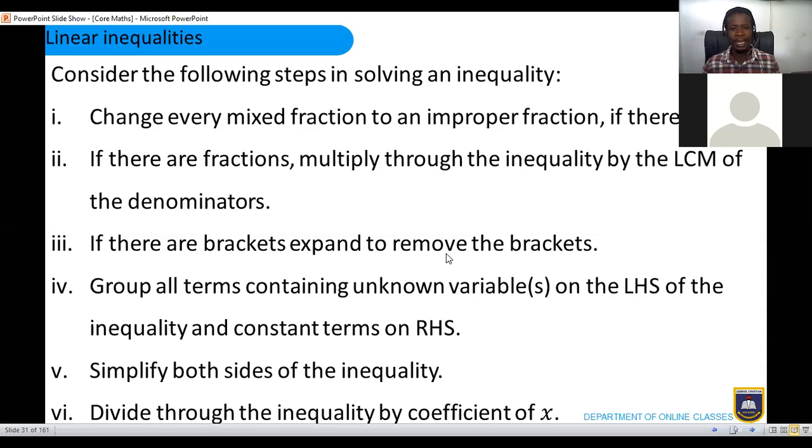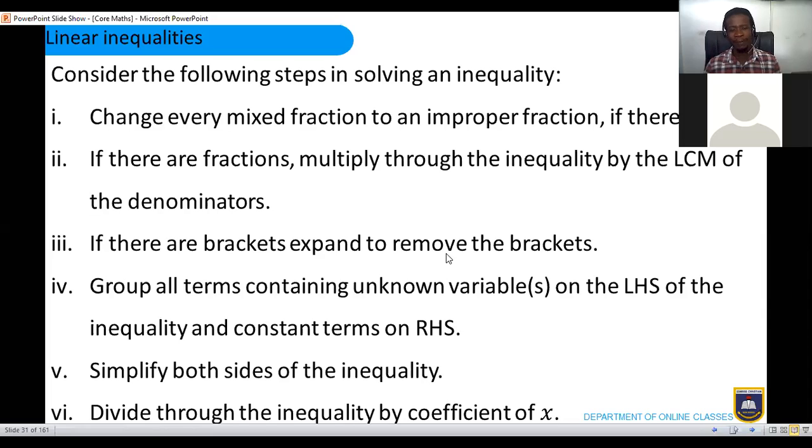We're going to consider some steps that we need to follow when we are solving an inequality question. Step 1: if you have an inequality, check first if there's a mixed fraction. The first thing you need to do is to change the mixed fraction to an improper fraction.